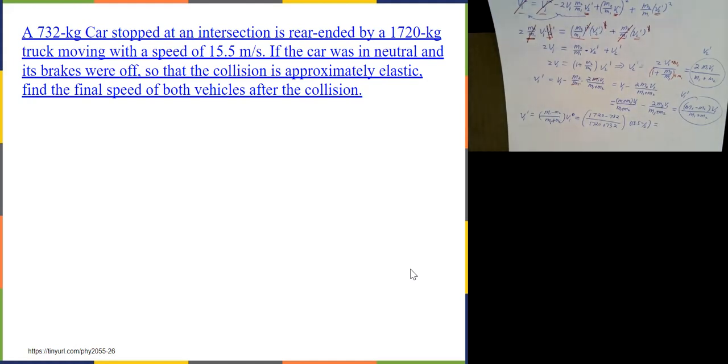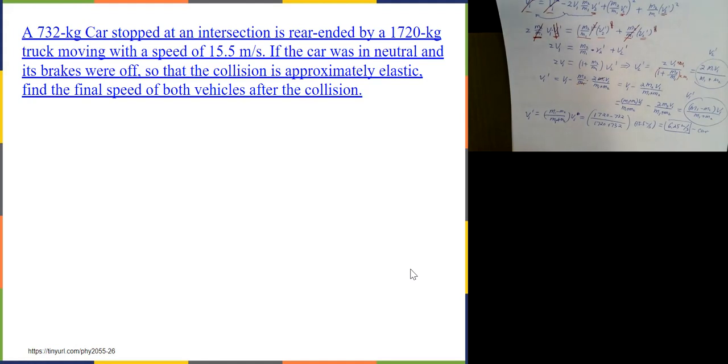That will give you the speed as 6.25 meters per second. So this is for the truck.